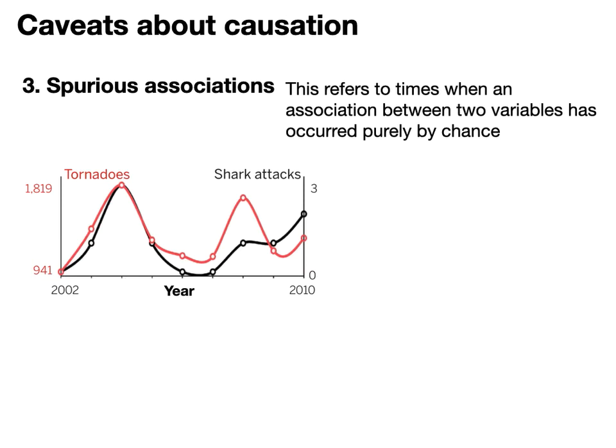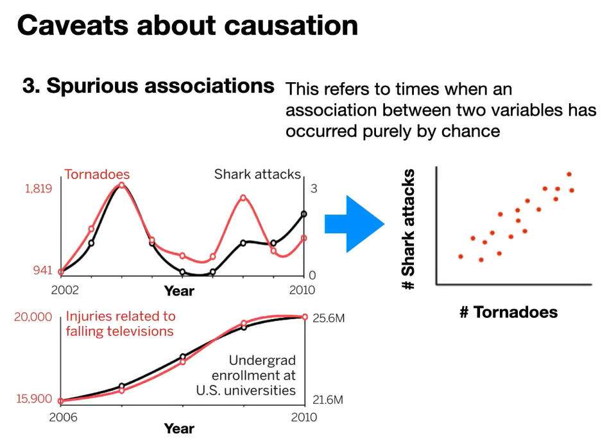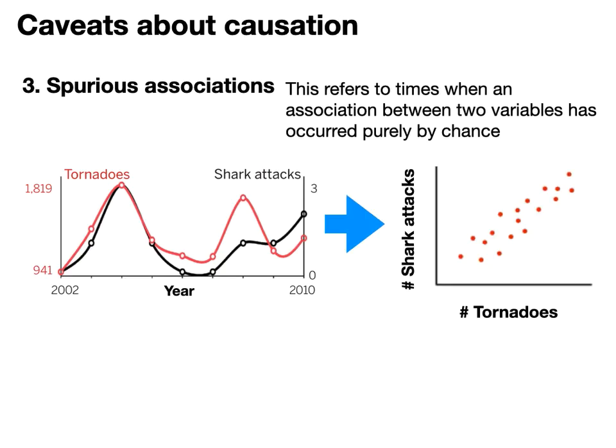So if you converted these two time series to a scatter plot, it would look something like this. This part is just made up. But what we're seeing here is a positive association. The more tornadoes we have, the more shark attacks we have. Is that because of Sharknado? No, it's purely spurious.